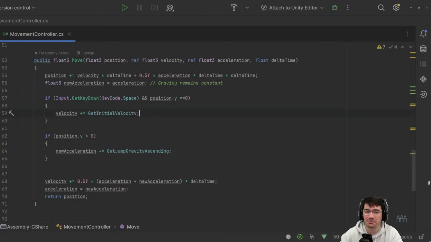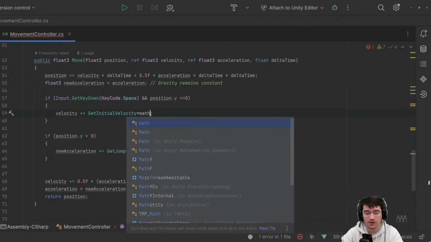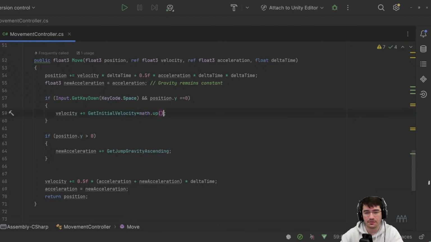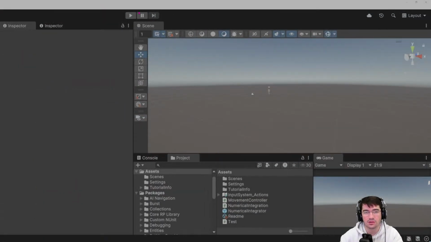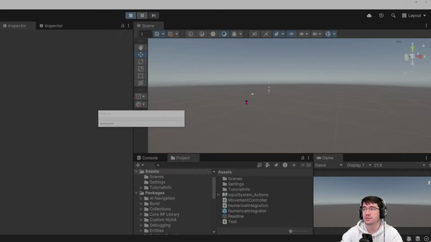That's basically, I'm just using the value, I'm not using the Math. Up vector, which would make sense, and this one is adding a gravity, and that gravity should already be negative, so that's okay. Quick fix for that.